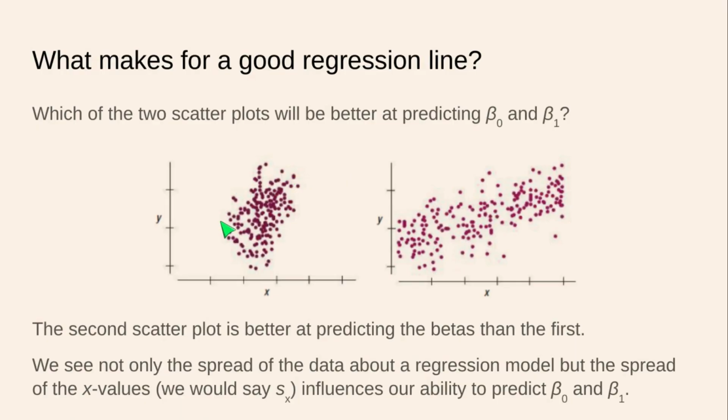You'll notice that the x values of these points don't vary all that much. S sub x, the standard deviation of the x values of the points, is smaller here than it is here. These points are spread out for a wider range of the values of x. Or should I say, the standard deviation is greater. This plot will be better at predicting the betas.